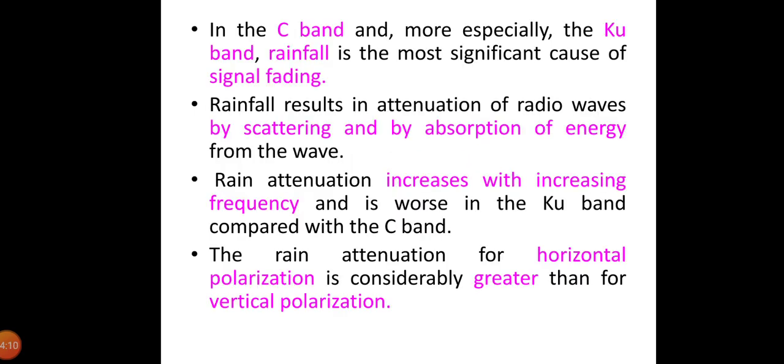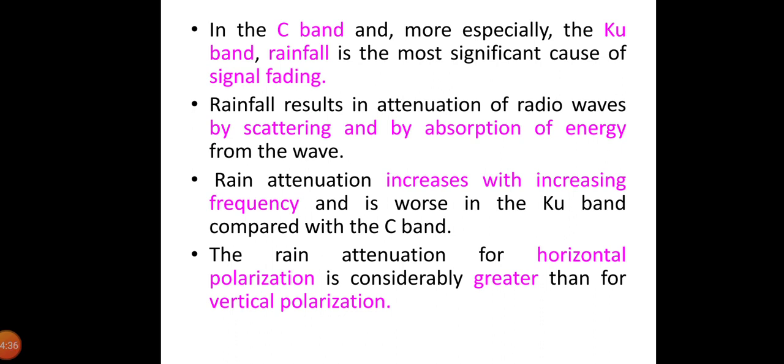In the C band, and more especially the Ku band, rainfall is the most significant cause of signal fading. Rainfall results in attenuation of radio waves by scattering and by absorption of the energy from the wave. The rain attenuation increases with increasing frequency and is worse in the Ku band compared with the C band.